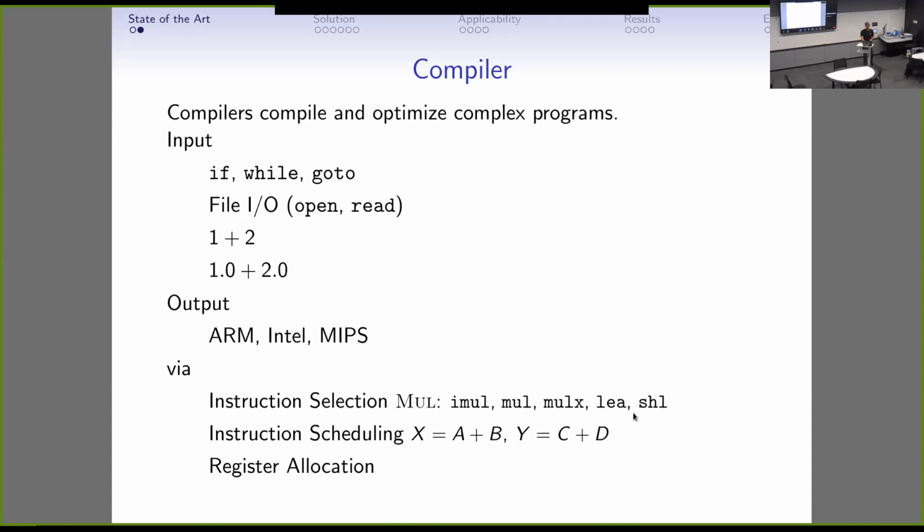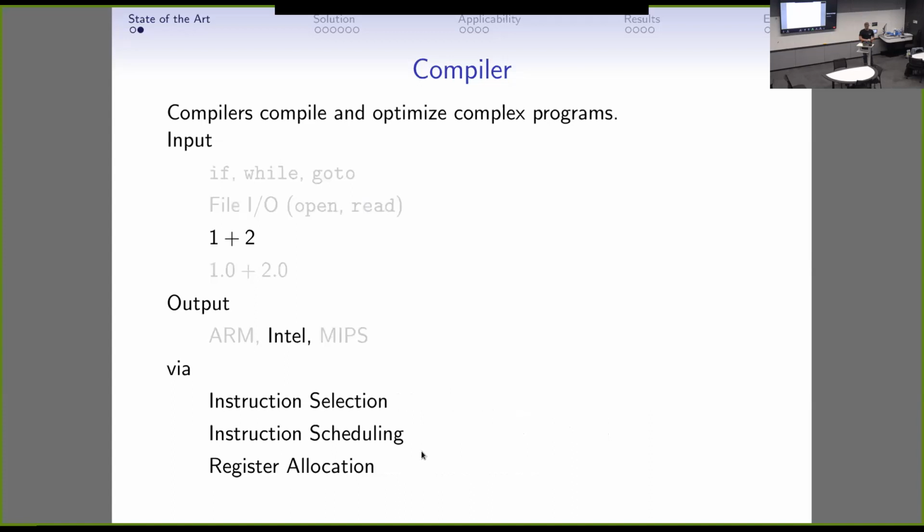For example, if we have x equals a plus b and y equals c plus d, the compiler is free to move them around, and it's free to schedule one after the other, and that can have performance impacts. The last step is typically register allocation, which deals with which data goes when into which registers, and when we spill that back to memory if we don't have enough registers.